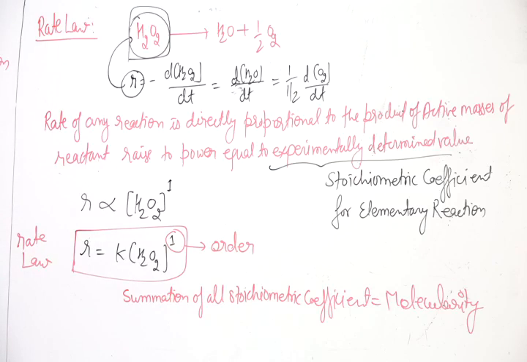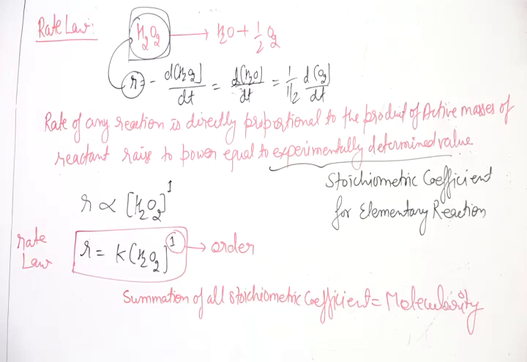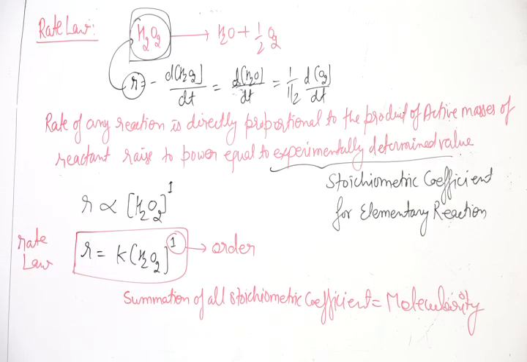So what is order? Order is the power in the rate equation. And what is molecularity? Molecularity is the total summation of stoichiometric coefficients.